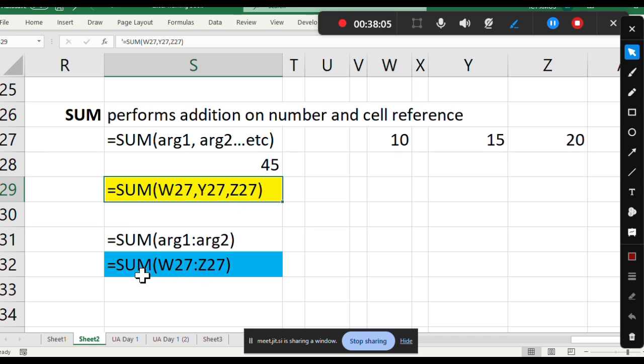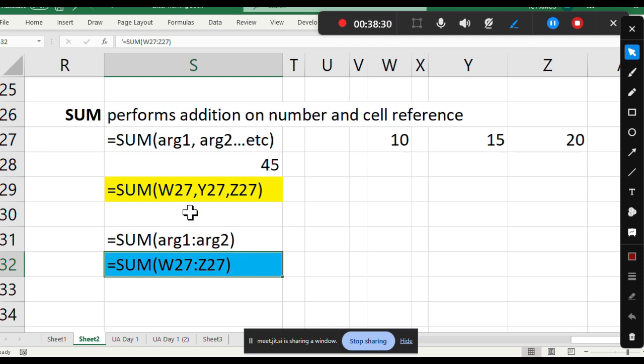But this one only has sum, open bracket, the first one W27, then it jumps. It didn't mention Y27. You jump to Z, it just puts a colon. That colon means anything between W and Z, include it in my summation, and end it with Z.